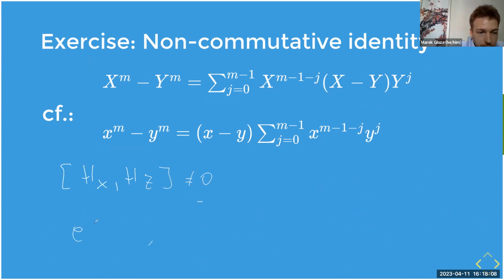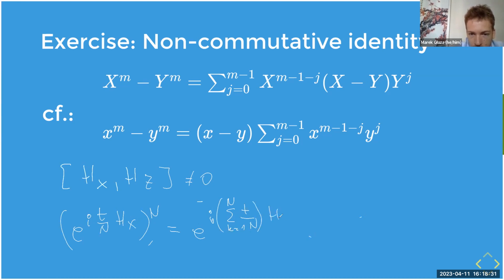But in our case, if I take e to the i t over n hx and raise it to the power n, then all of this is commutative, so I get e to the sum over k equals 1 until n of t over n hx, because they are all commutative. It's a trick that you might want to see works like this.